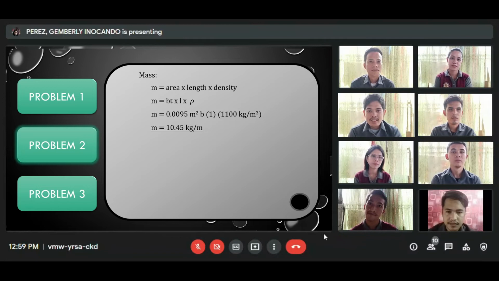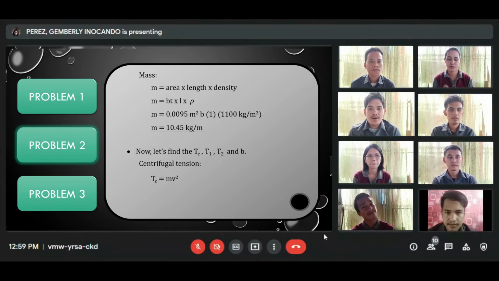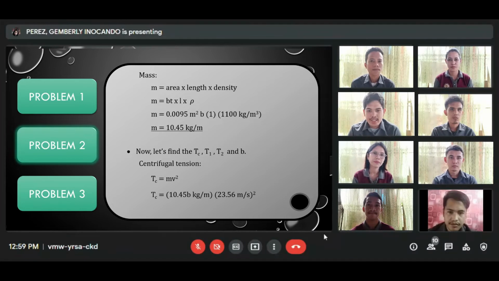Now let's find the TC, T1 and T2 and the width. Centrifugal tension: TC equals mass multiplied by velocity squared. We substitute the formula.